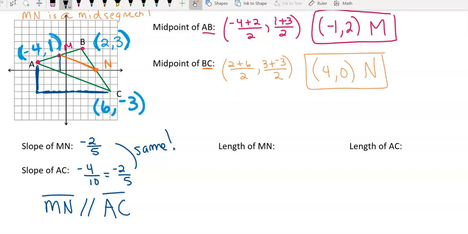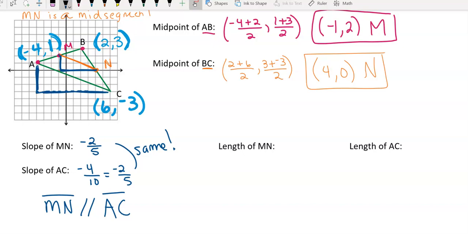I just didn't draw in the triangle. It was getting a little bit busy. Yes, the double slanted lines mean parallel. I did put the bars over MN and AC because I was talking about the segments, not their lengths. The segments are parallel to each other, so that's why we use that.